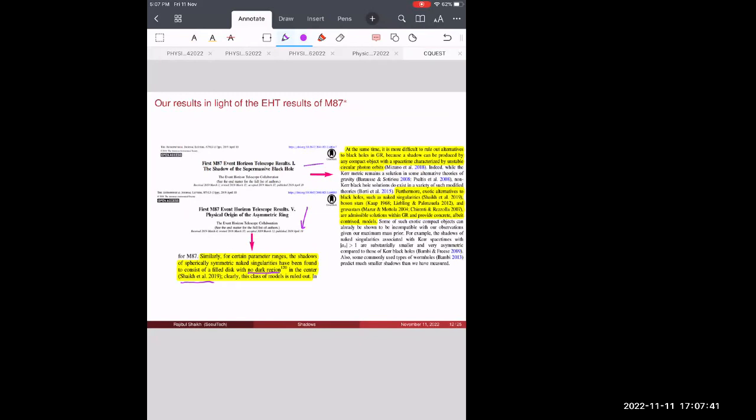However, in the first paper, they admitted that there are models which are difficult to rule out because they cast a shadow similar to a black hole. In line with this, they have cited our work. Here they are talking about our GMN models which cast a shadow.